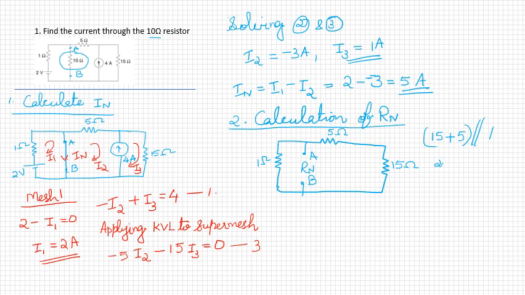So 20 parallel to 1. So we can write Rn is equal to 20 into 1 divided by 20 plus 1, which is equal to 0.95 ohms.